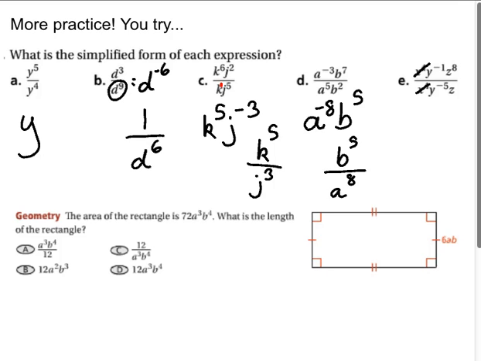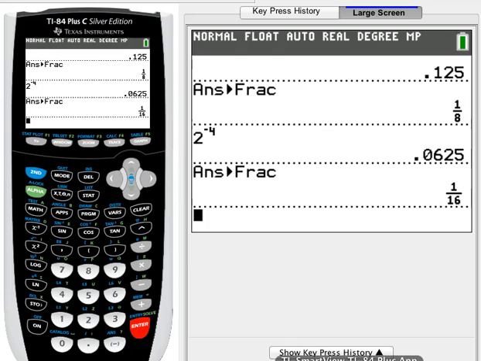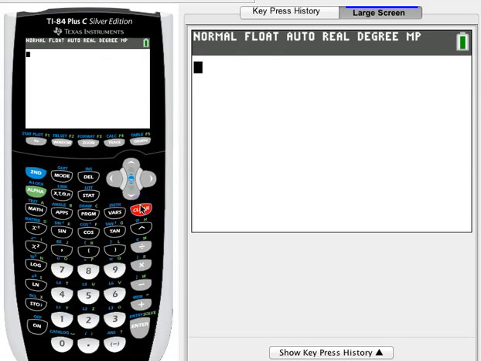Negative 1 minus negative 5, okay? We have y to the negative 1, y to the negative 5. So just like I said, we know we're going to end up subtracting them. But you have to subtract them very, very carefully, okay? So negative 1 minus negative 5. So again, be very careful with that.